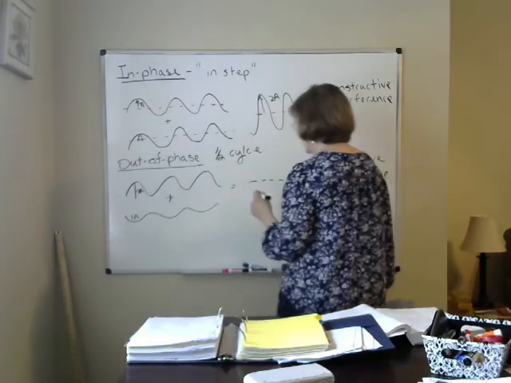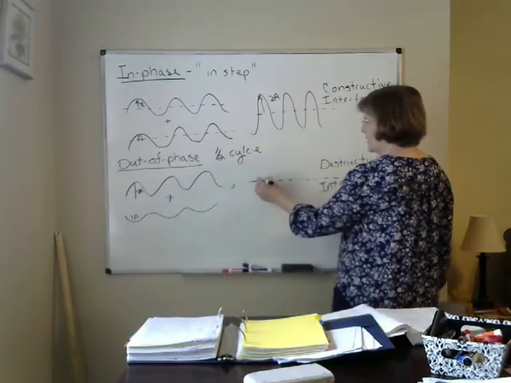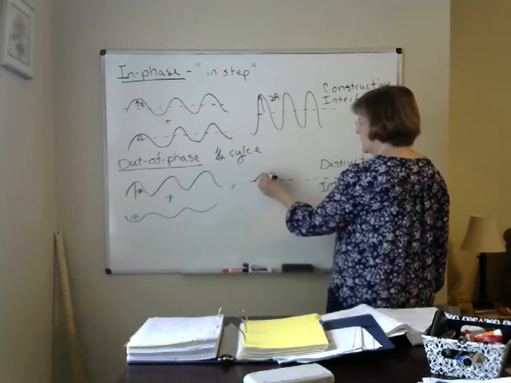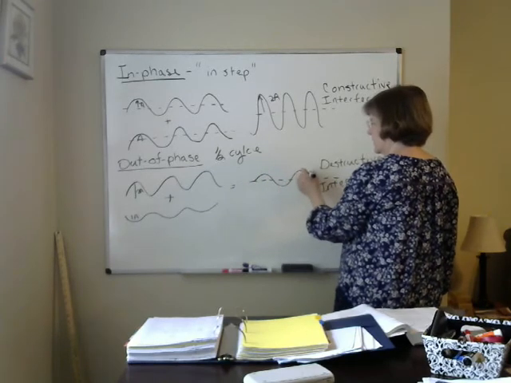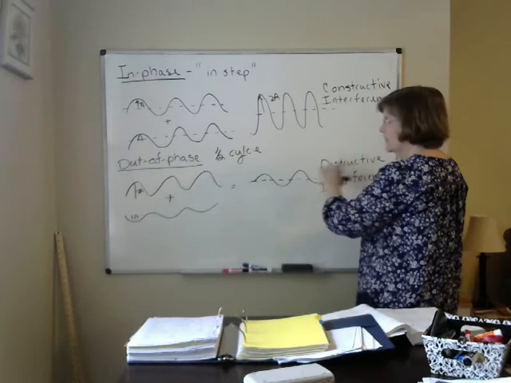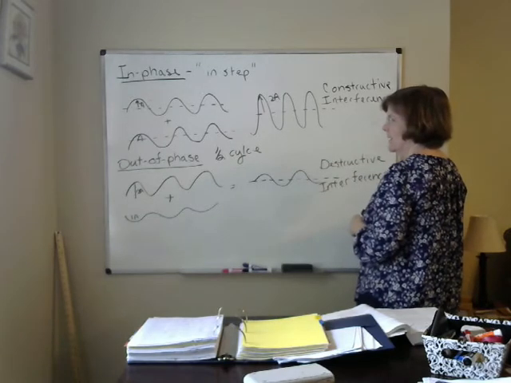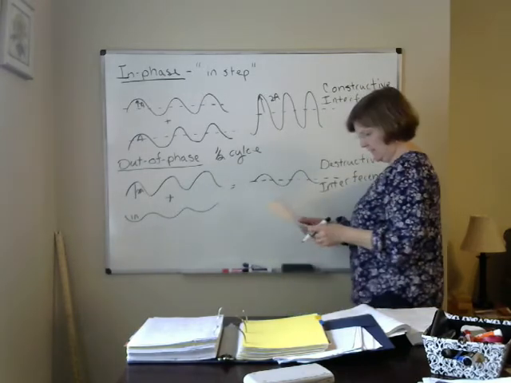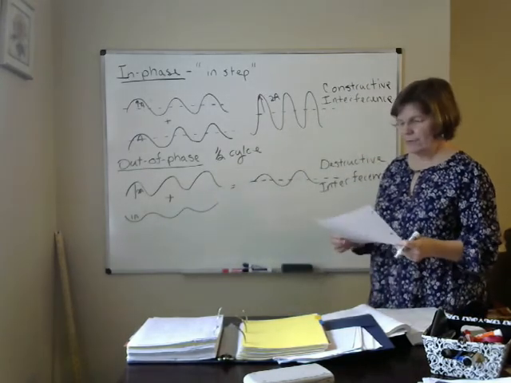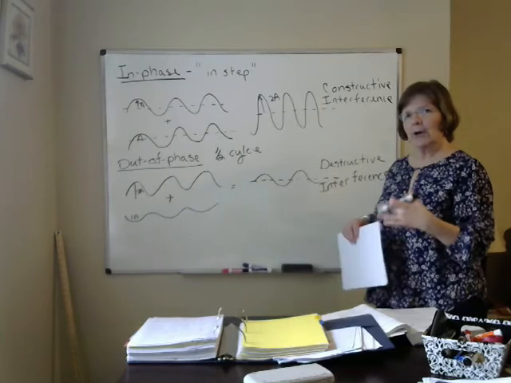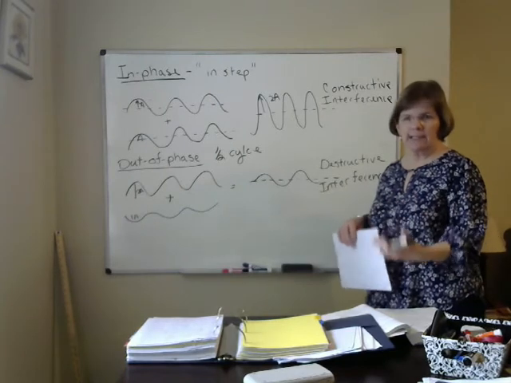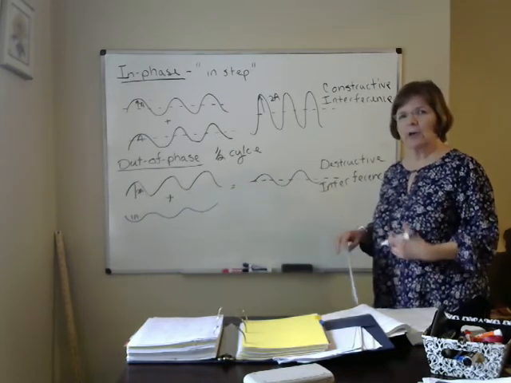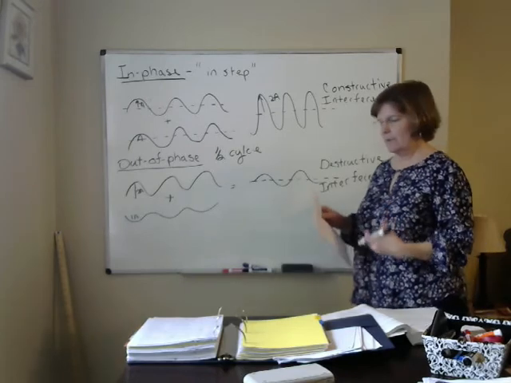When I added them, I'd get a wave with a smaller amplitude, but not completely wiped out. This wave would be taking away part of that. So I think you should already understand what we were talking about when we talk about constructive and destructive interference, and that principle of superposition.